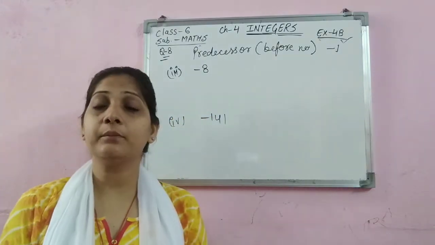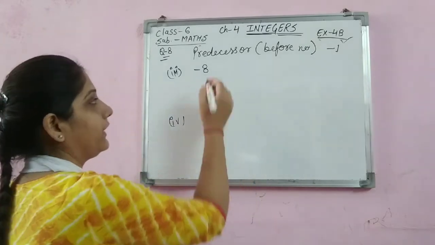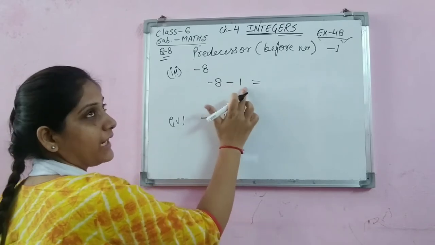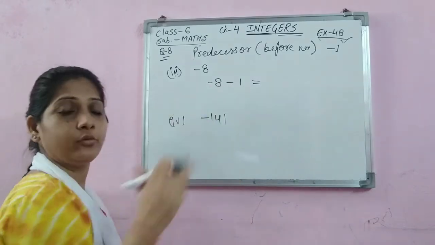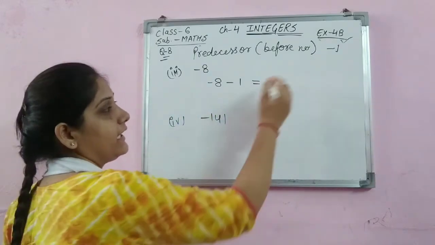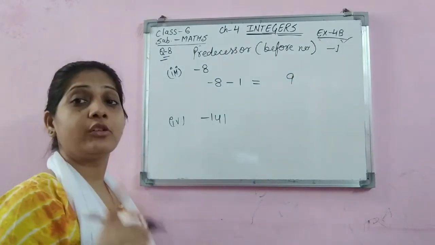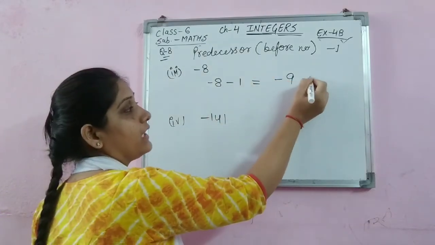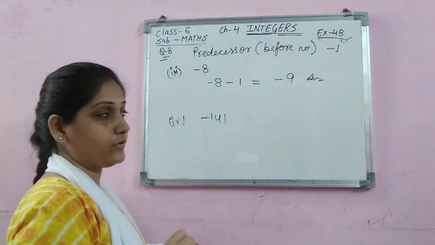What are we finding? Predecessor. So subtract 1. Negative 8 minus 1. We are subtracting 1. Now same sign. Rule number 1. Same sign means add the digits. 8 and 1, 9. And the sign is common, which is given in the question. If both have negative, the answer also has a negative sign.